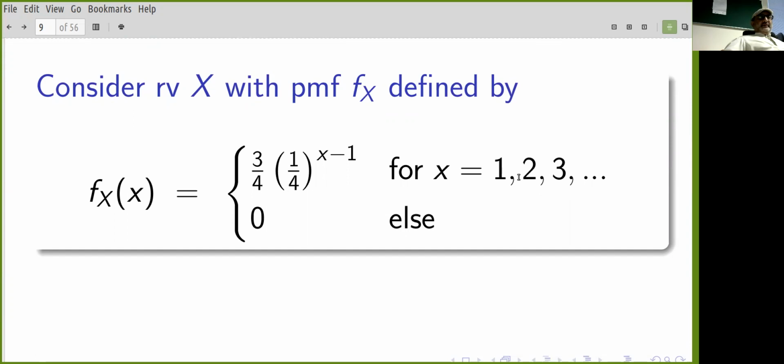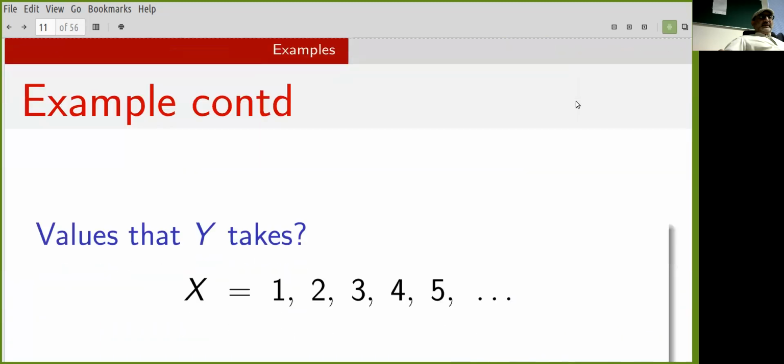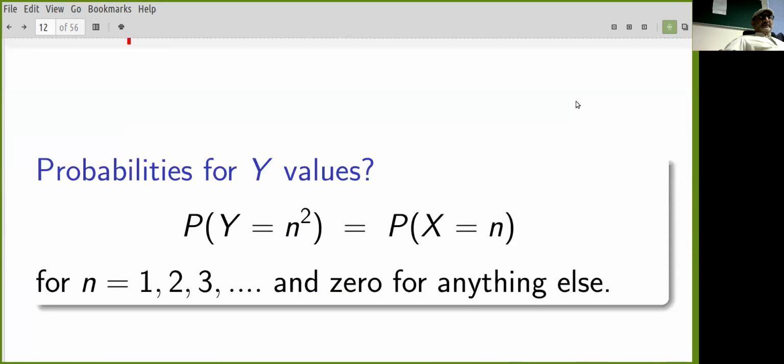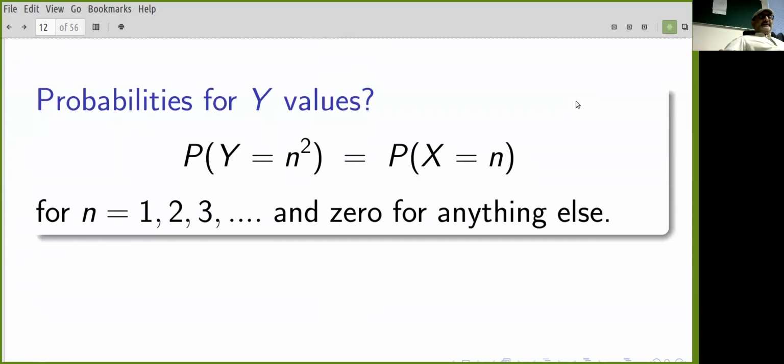And if y takes the value x squared, then x took the value x, and the probability to get that value of x is given by this PMF. So this is how we write that.